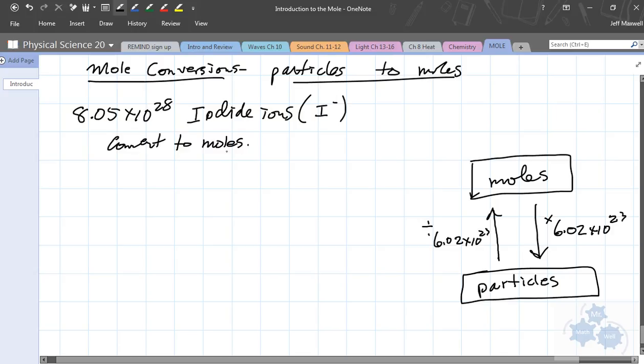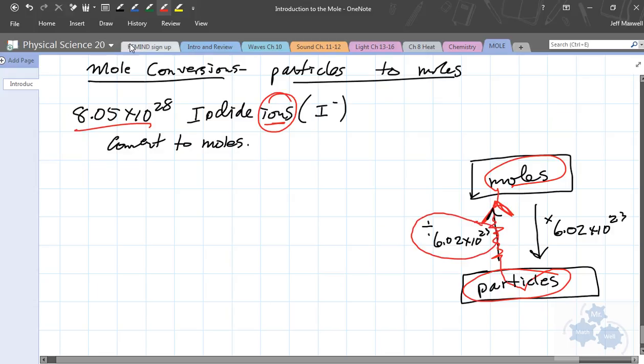Okay, so this chart's going to be really handy because what you do is you say, all right, what am I given? I'm given ions. What are ions on this chart? They are particles. So I'm given particles, and to go to moles, I follow the arrow right here, and when I go through this channel here, this is what I have to do.